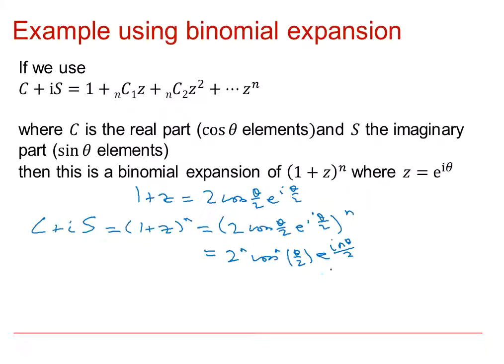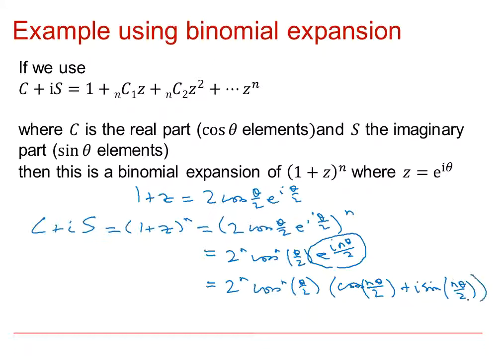And if we now write this term back into its modulus argument form, we can write this as 2 to the n cos to the n of theta over 2, times cos n theta over 2 plus i sine n theta over 2.